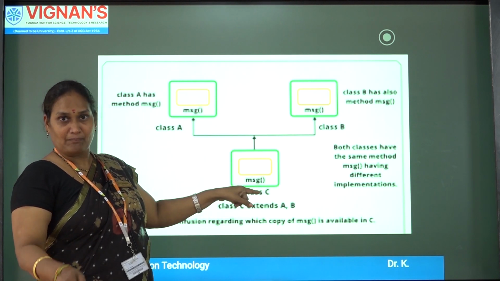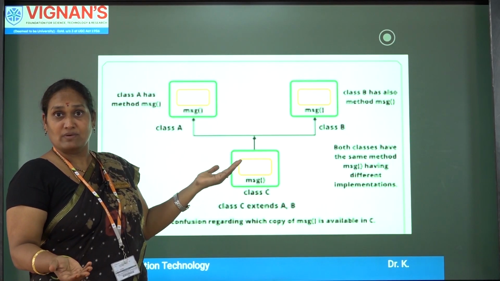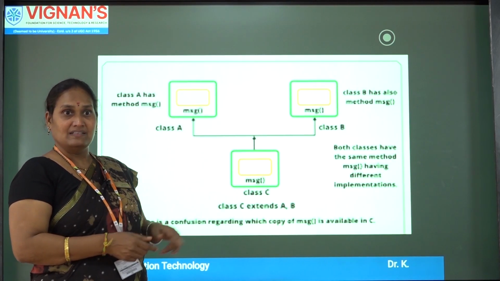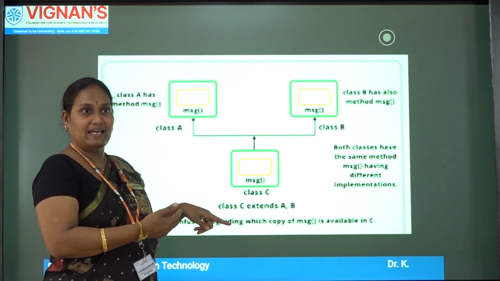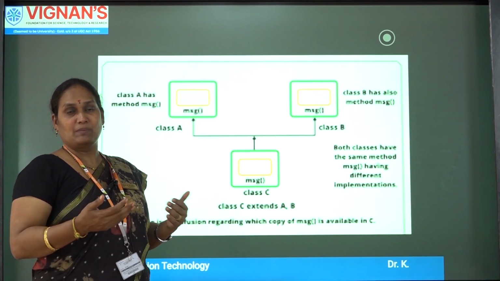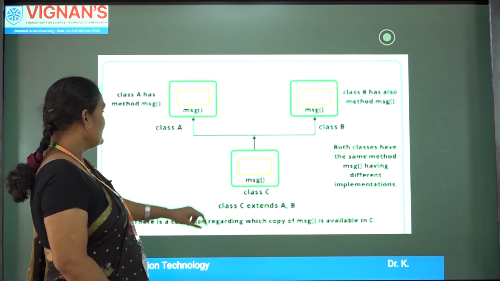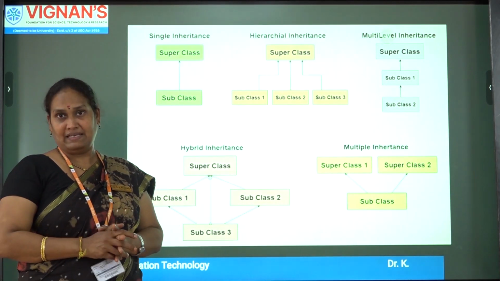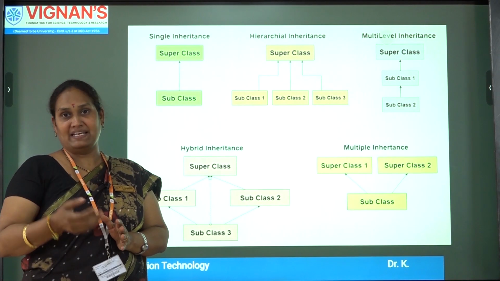Now I want to access the map method by using the instance of class C. Which map method does it have to access? Either from class A or from class B or its own map method. There is a confusion in accessing that map method. Such confusions are there if we derive a subclass from more than one parent class. Such confusion can be avoided by using interfaces. Right. So this type of inheritance is called multiple inheritance.